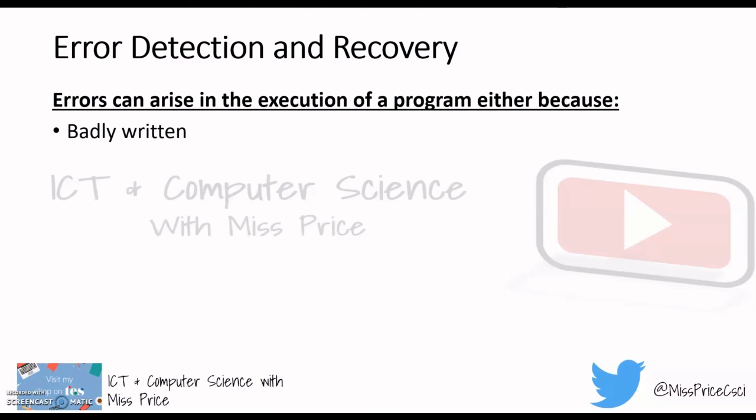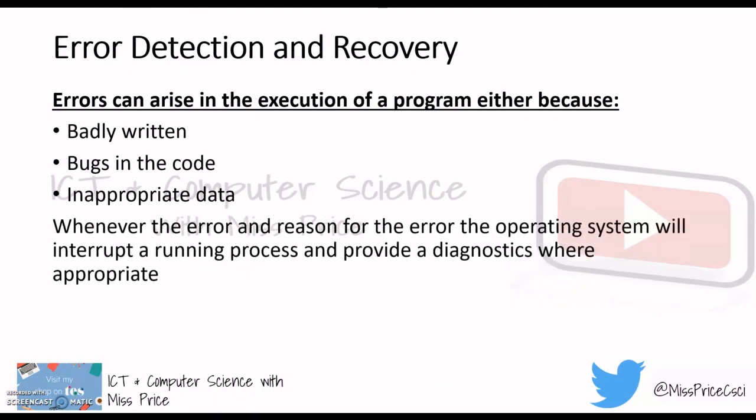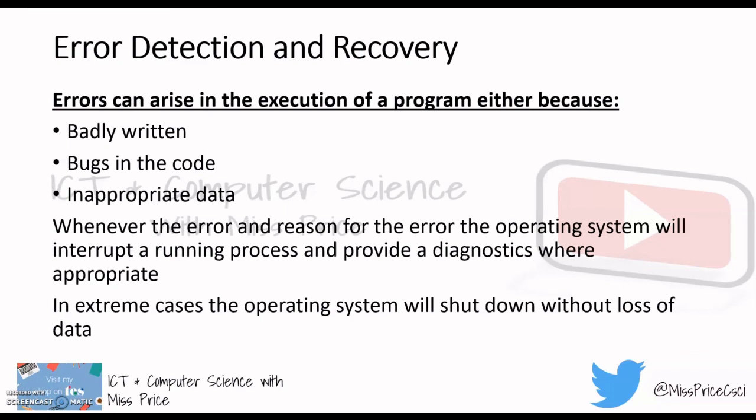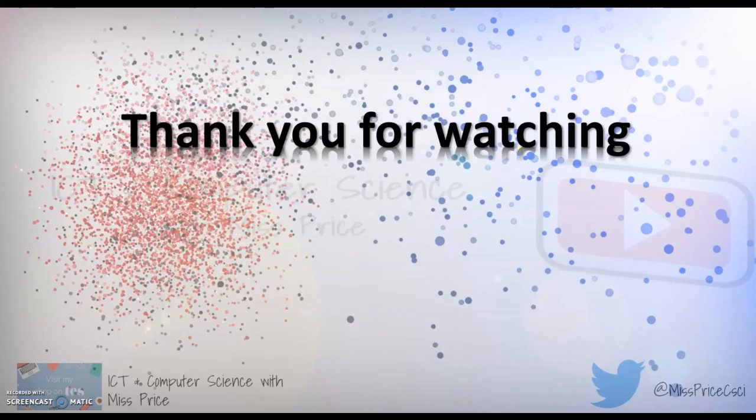If you accidentally import the wrong file type, it crashes and then our files are lost. Then there are bugs in the code, which happens all the time, and inappropriate data. Whenever there's an error, the operating system will interrupt the running process and try to provide a diagnostic where appropriate to recover your data. In an extreme case, the operating system will shut down without loss of data.